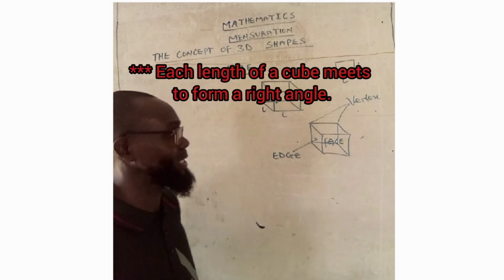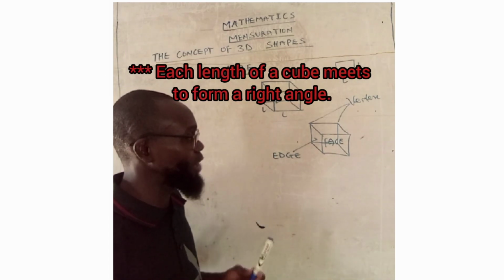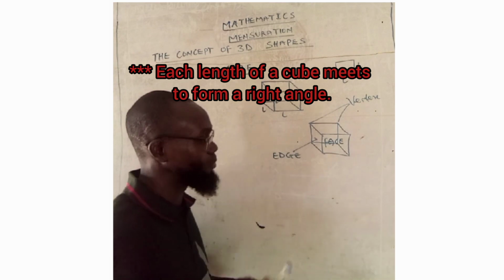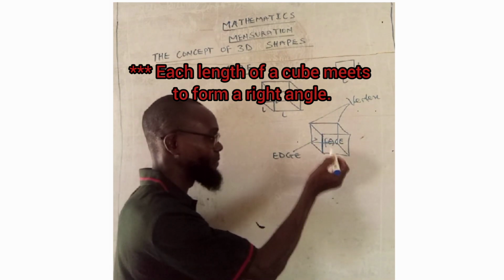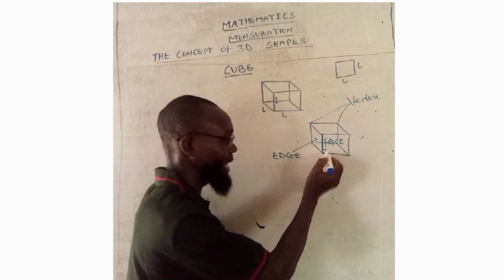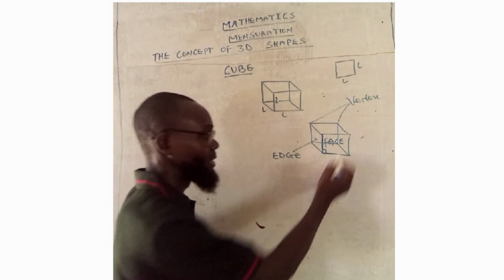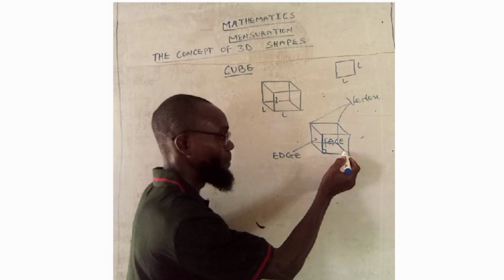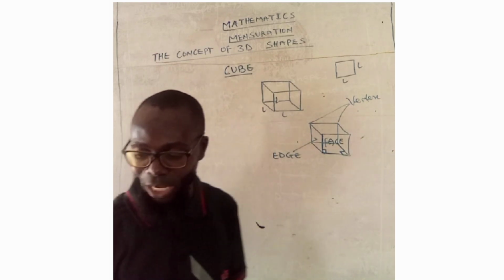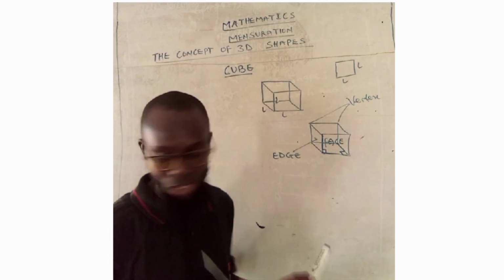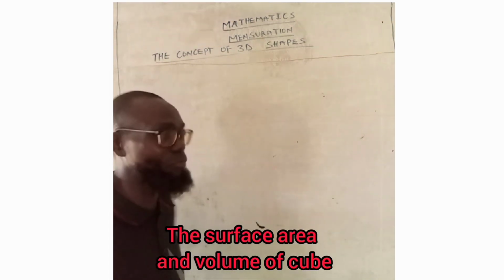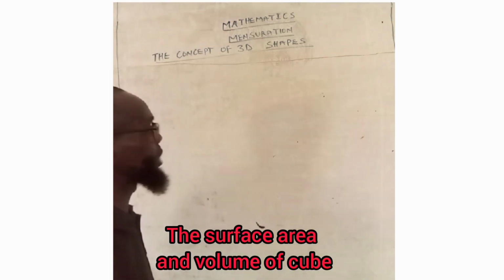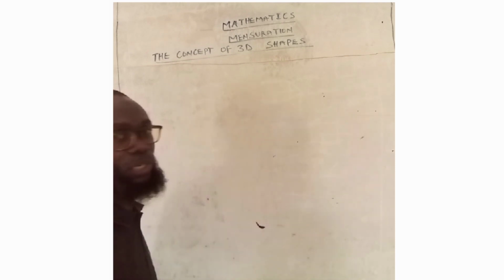Lastly, on the properties is that the lines of the cube meet at a right angle. This line with this line meet at right angles to each other. This line and this line meet at right angles to each other. These are the properties of a cube. Now, surface area and volume of a cube.